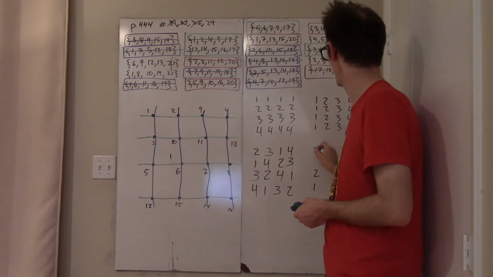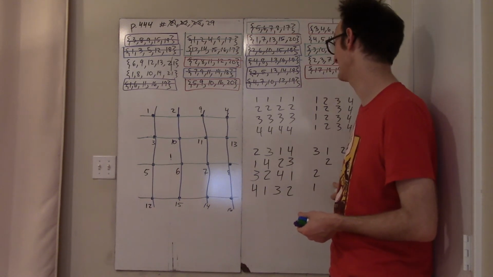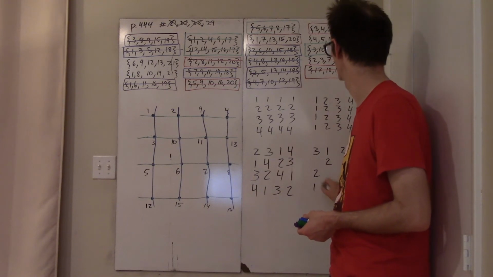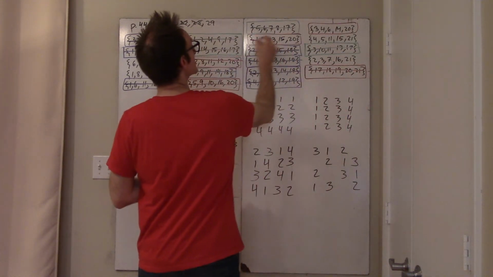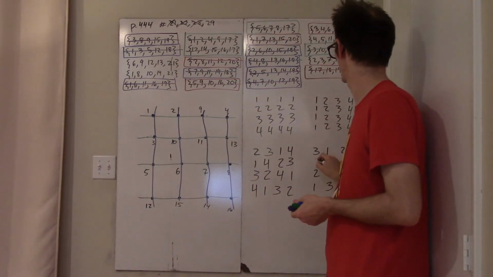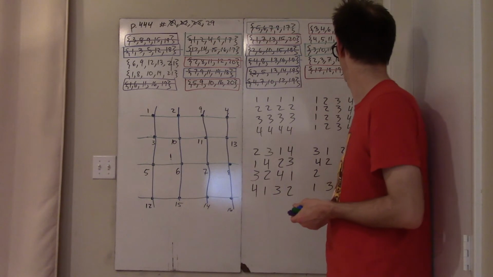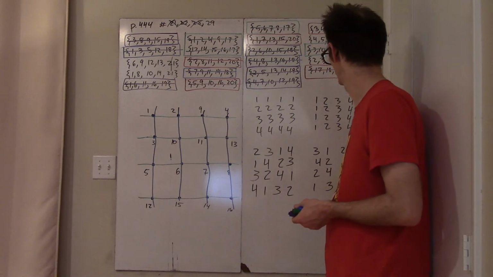So that's 1, 7, 13, and 15. This is so satisfying. And 3, 4, 6, 14. So 3, 4, 6, 14.